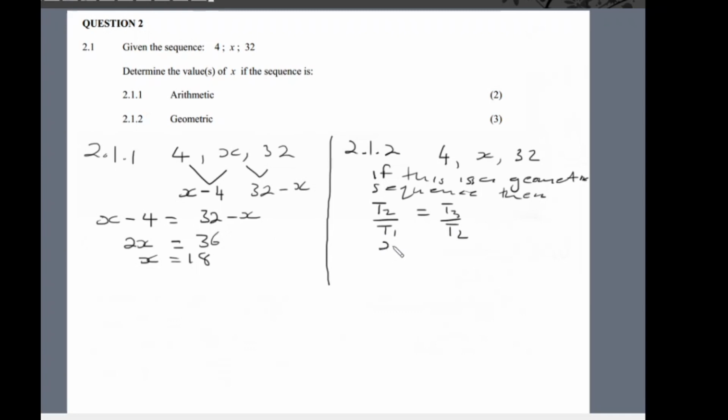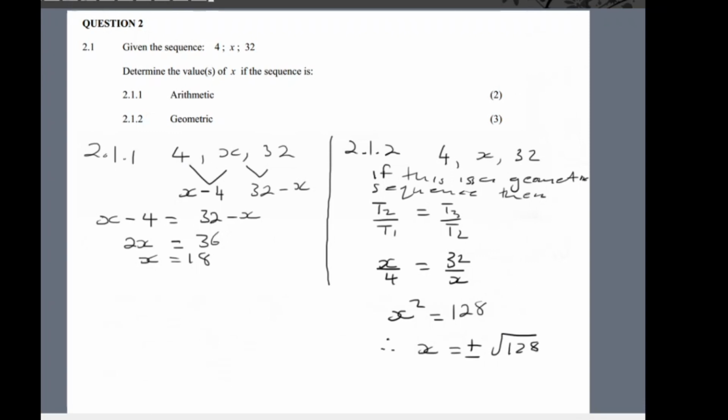What is term 2? Term 2 is x. Term 1 is 4. Term 3 is 32. Term 2 is x. Now we are just solving for x. Cross multiply, so x squared is equal to 128. Therefore x is equal to plus or minus the square root of 128. An easy 5 marks there.